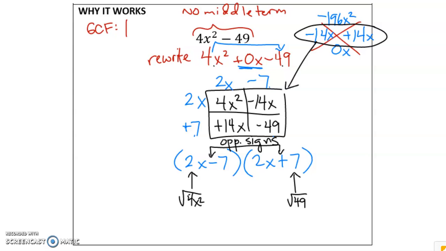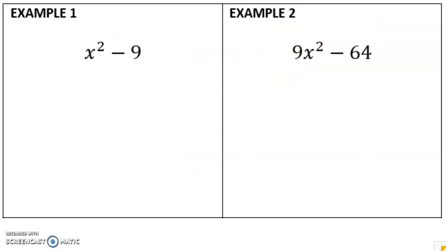Let's see why this is cool for us, because maybe I don't always want to do the long way. If I recognize patterns, I don't have to. So GCF is always my first step. For x squared minus 9, it's 1. I look to see, are these perfect squares? Remember, it has to be perfect squares. Don't just go making up patterns that don't exist.